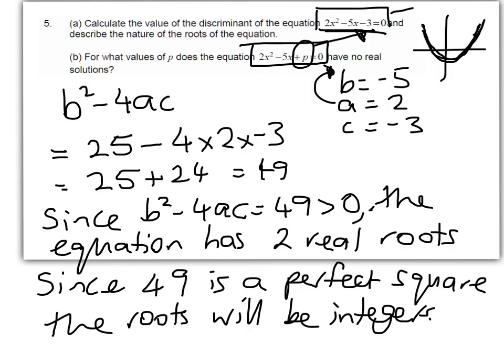So that might be our one here, and it's got 2 roots. So we're really asking, when will this equation be hanging in the air like this? So we're trying to find the values of p for which it won't cross or touch the x-axis. So we'll do that on the next slide.